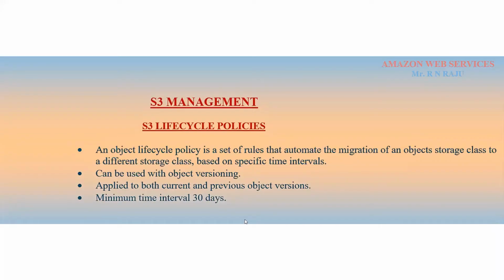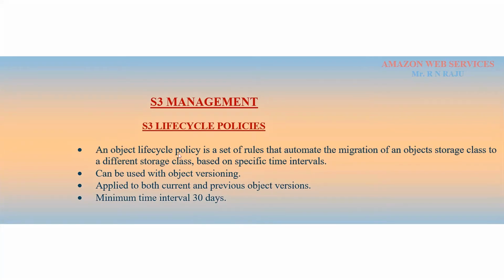Now we are going to discuss S3 management. Under S3 management, two important topics are S3 lifecycle policies and S3 cross-region replication. These two are very important, especially for interviews in real time. First, S3 lifecycle policies.